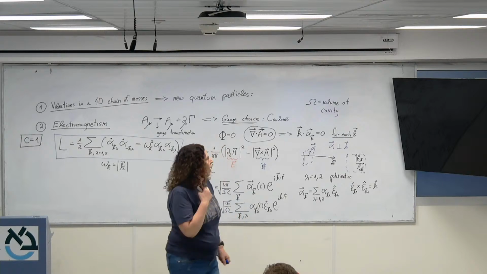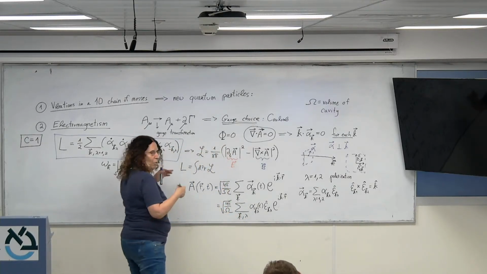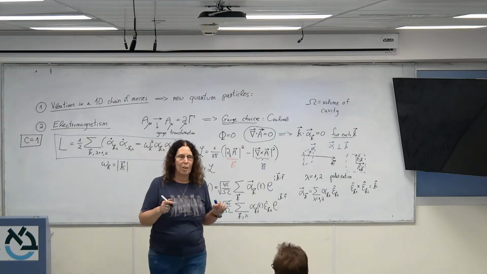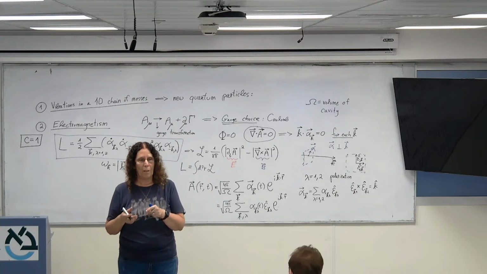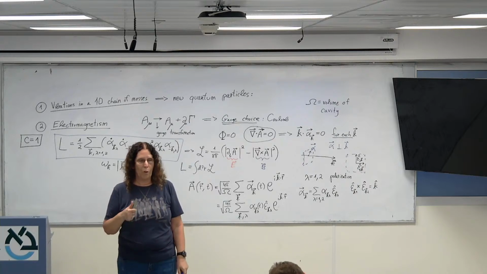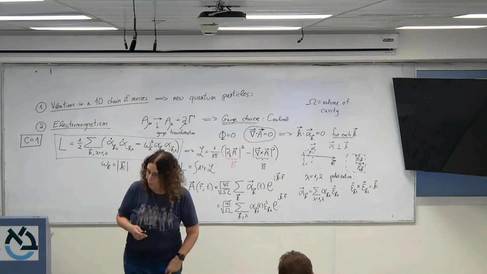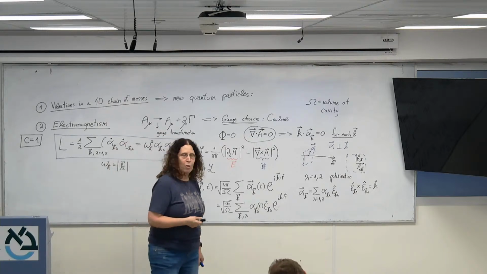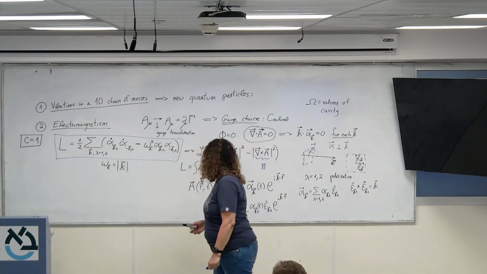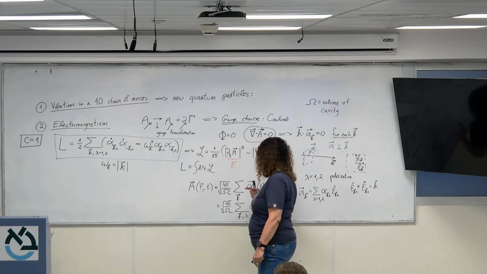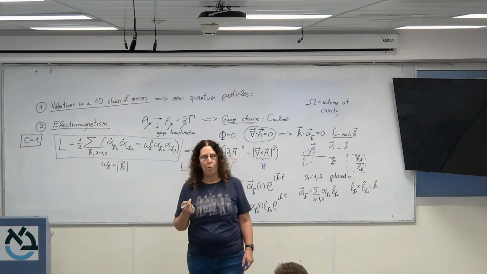Now, coming back to the quantum version. If you have a real field, a Hermitian field in real space, the Fourier component of it, the Hermitian conjugate of alpha of k, is alpha of minus k.